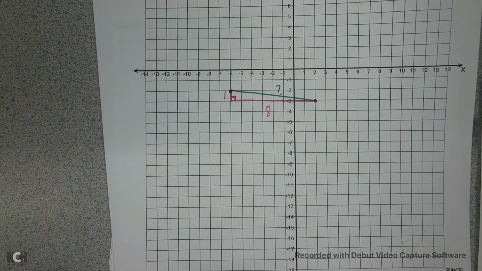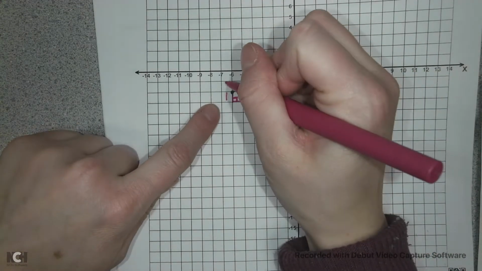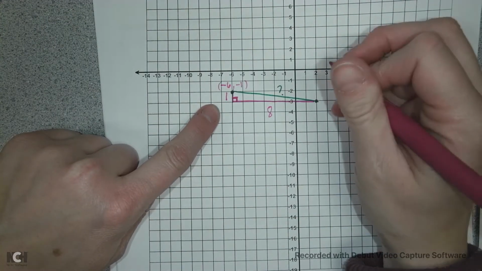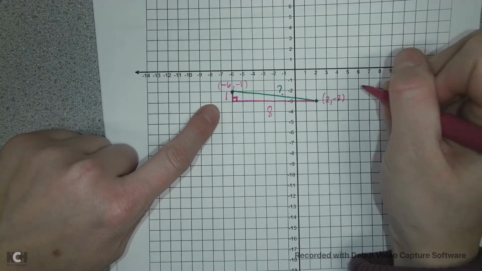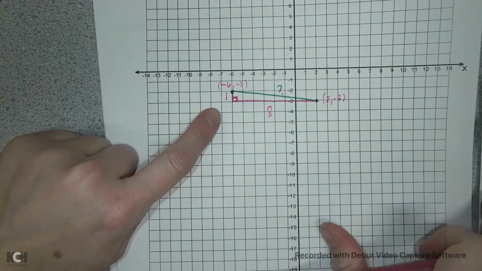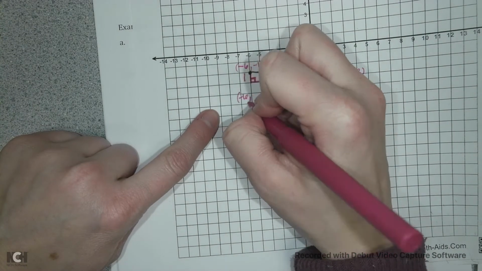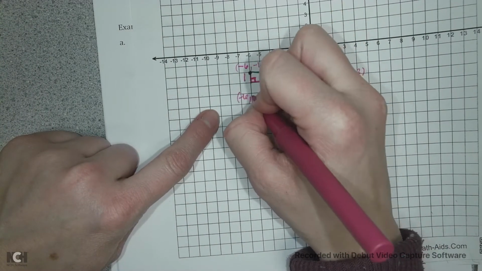But let's say we didn't have a picture. Well, we would need to know our ordered pairs. So for example, this one is at -6, -1. This one over here is at 2, -3. And then this one is at -6, -3.